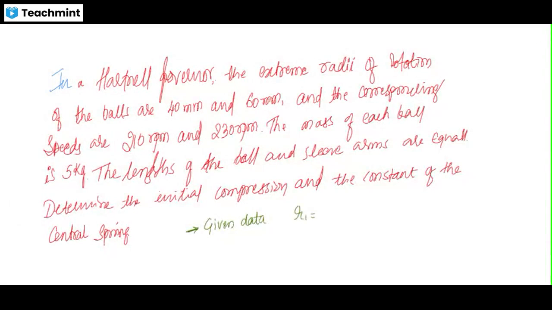So R1 is given, it is 40 mm. R2 is given, it is 60 mm. Speed N1 is given, 210 rpm. Speed N2 is given, it is 230 rpm. And mass of ball, small m, is 5 kg.